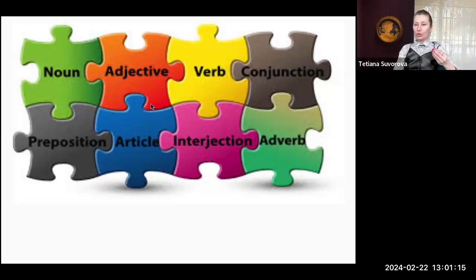We do that with the help of categories, grammatical categories. We should know that nouns can express gender, number, and case. So we take the word and see, okay, it can express all that, so it's a noun. We put it into the green basket.